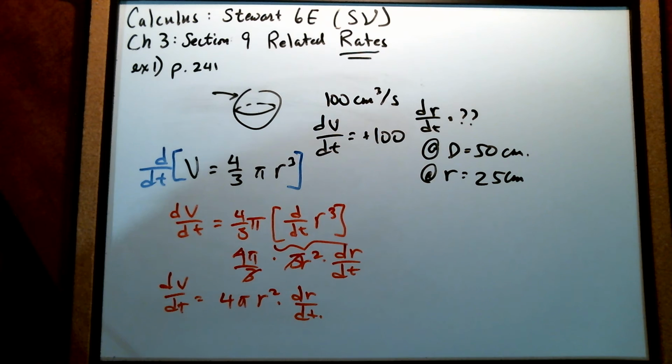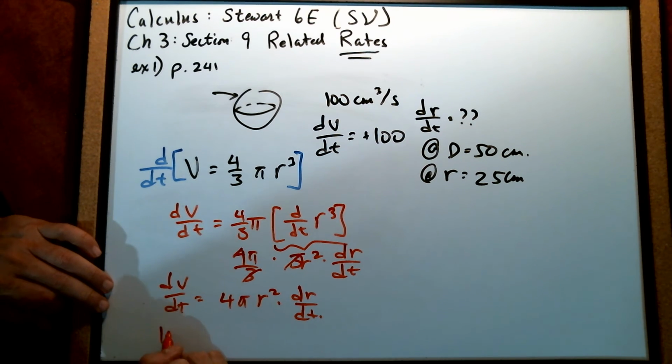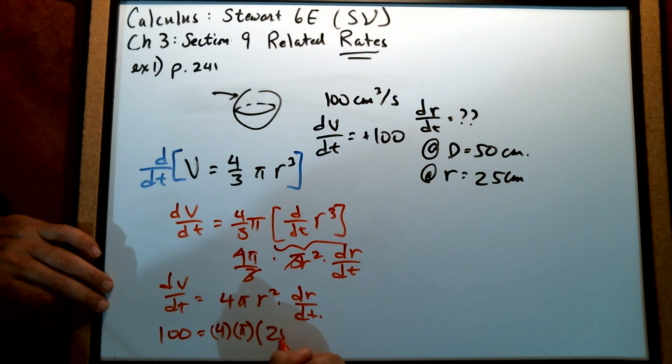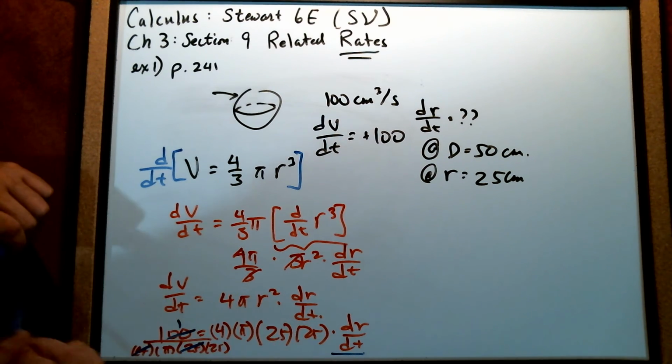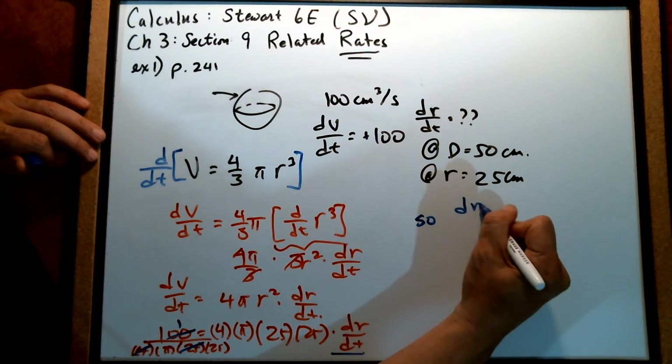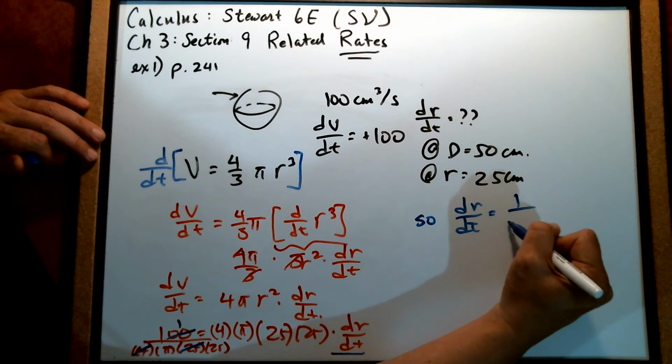So just plug in as you go. dV/dt is 100, equal to 4 times pi times 25 times 25 times dr/dt. 25 times 4 is 100, which cancels with that 100. You end up with 1 over 25 pi as dr/dt.